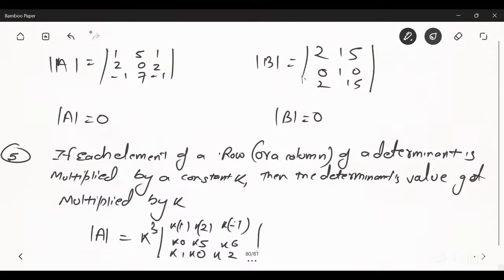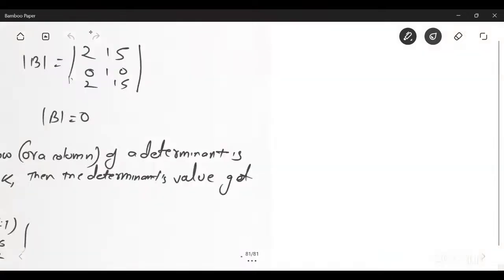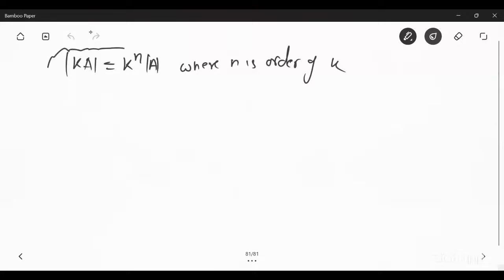This is a very important property from the exam point of view: if all elements are multiplied by a constant k, the value is k to the power n times mod A, where n is the order of the determinant and mod A is the determinant of A.